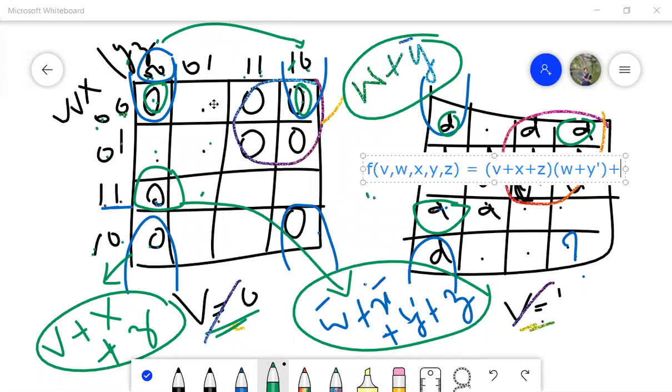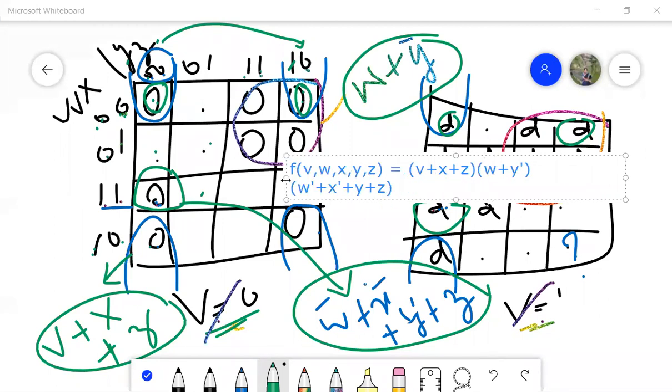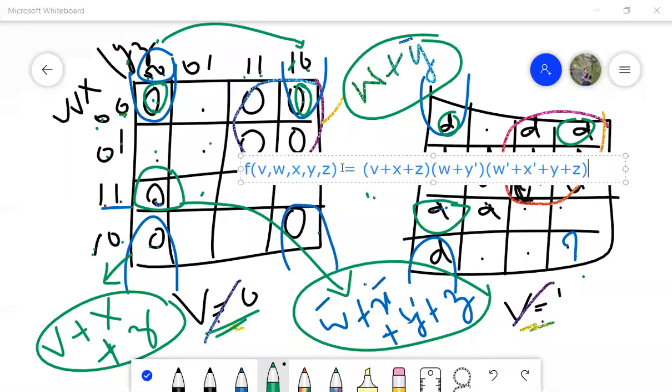Plus it is W bar plus X bar plus Y plus Z. This will be the simplified expression for the question which was given to us. So f of V comma W comma X comma Y comma Z will be equal to V plus X plus Z into W plus Y bar, which we have got over here, into W bar plus X bar plus Y plus Z.